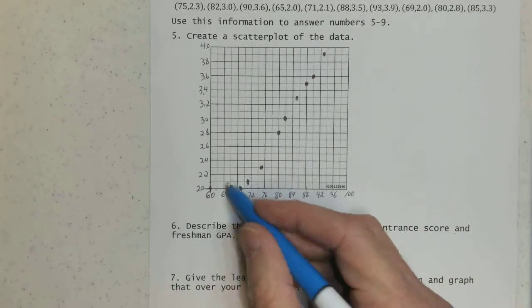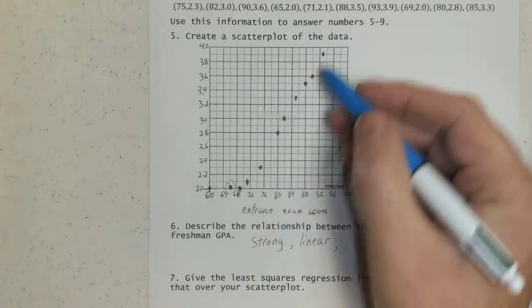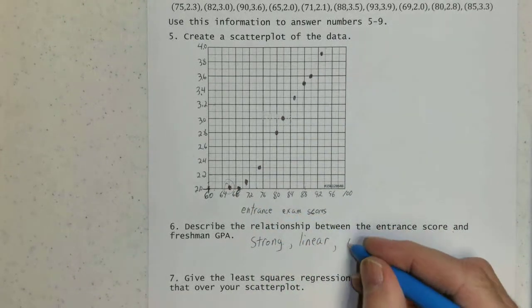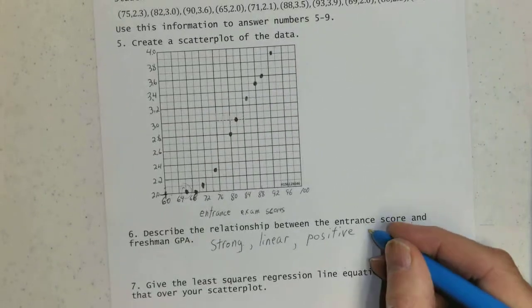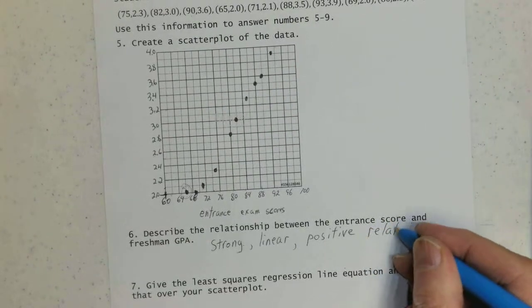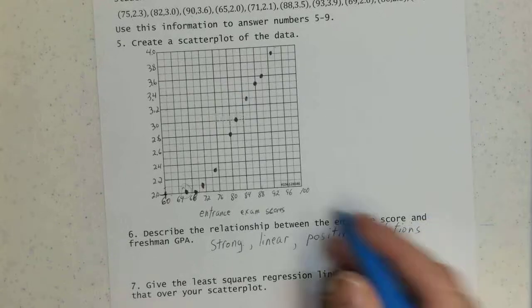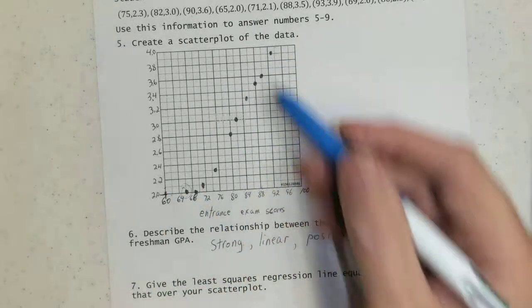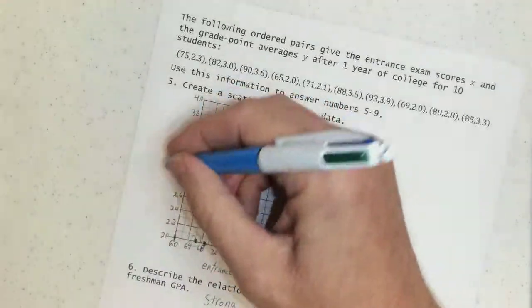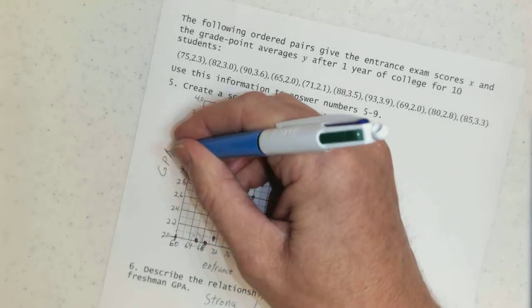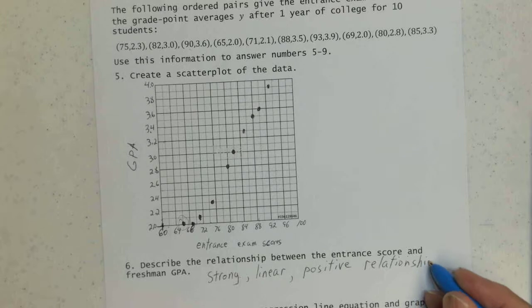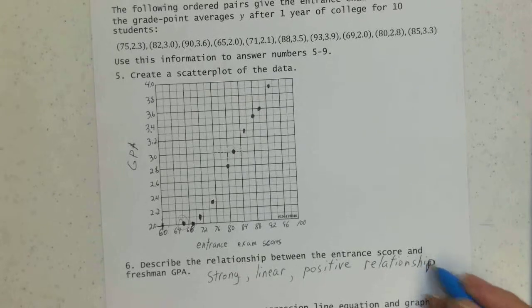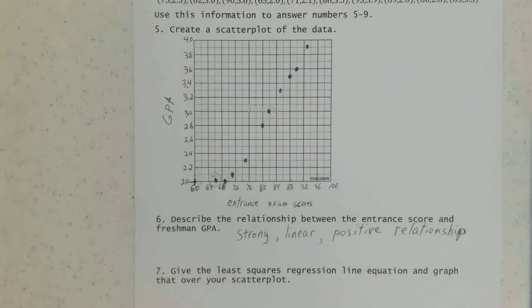I do think this is an outlier because it doesn't fit that line as well. Positive meaning as entrance exams go up, the GPA goes up, which I didn't label.